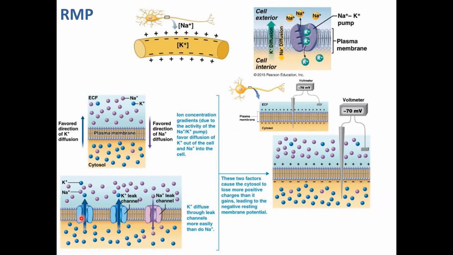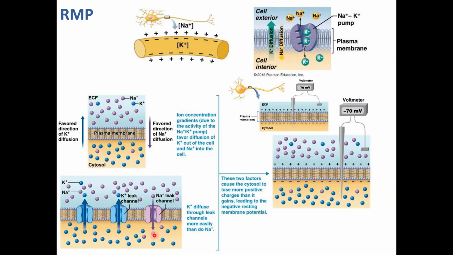We have lots of potassium leakage channels and very, very few sodium. So we're losing these positive charges, and the cell becomes negative inside and positive outside.